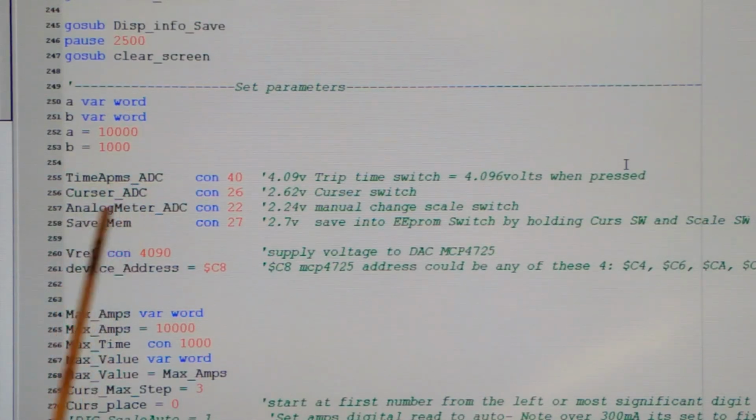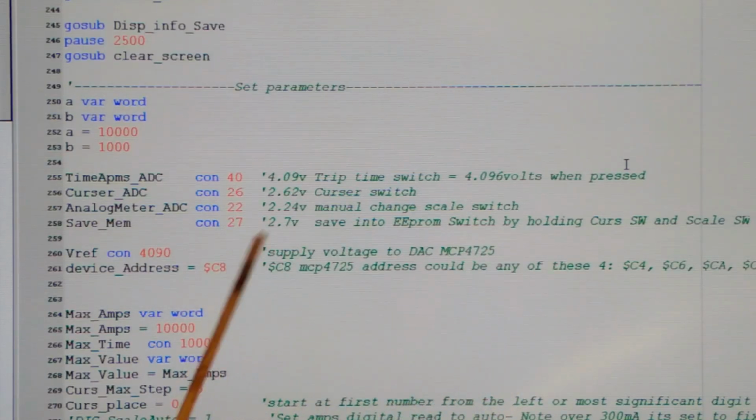I've got a cursor switch, I've got an analog meter to change the scale on your meter, and I've got one to save the memory, in the program, whatever figure you have set for your time delay or your current reading. But the switches, this was my own idea, what I've worked out.